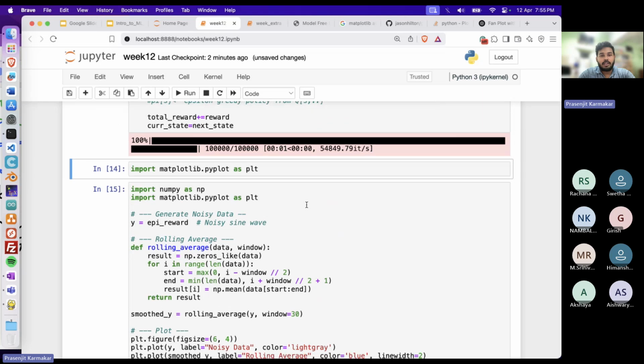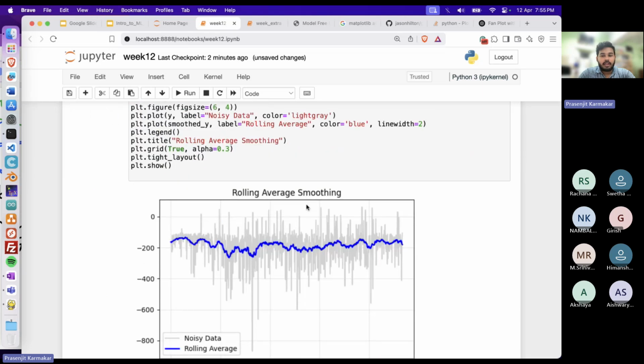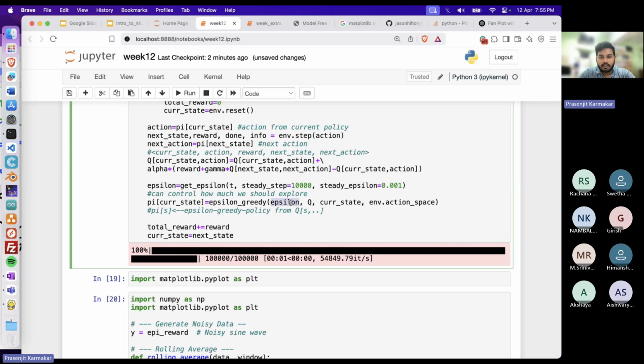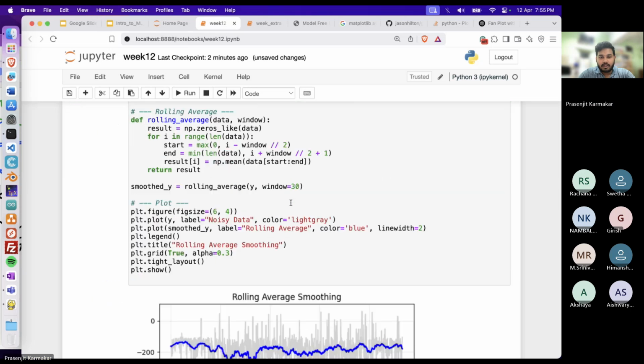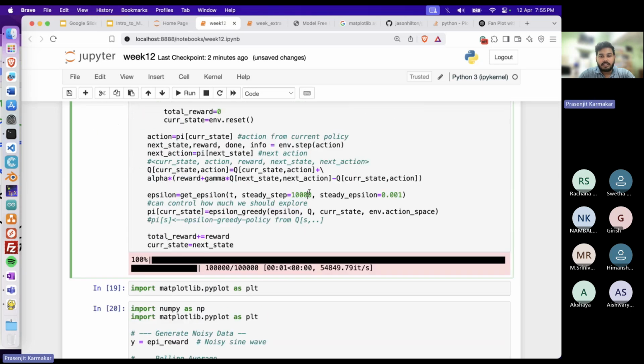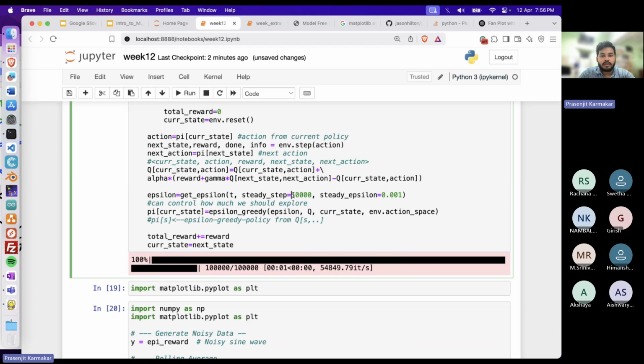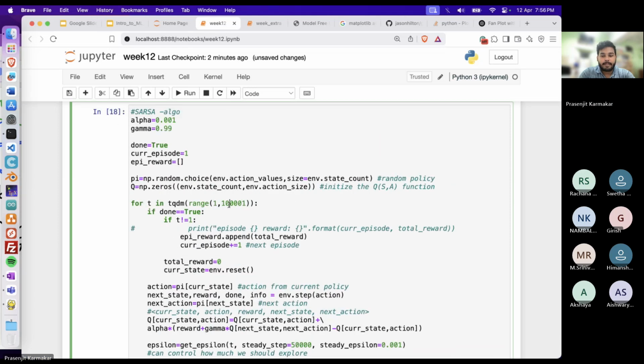Oh, now it ended really quickly. Did I correctly mention everything? Okay, let's increase it a bit. Let's go for 50,000 instead of 10,000, and 10 lakh iterations.